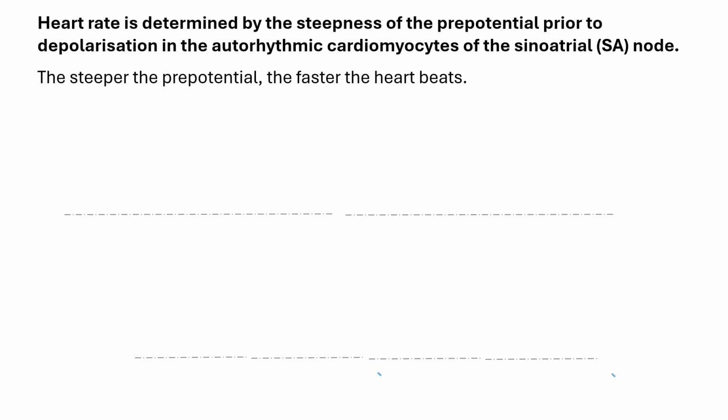The sinoatrial node, because this is the first point where that intrinsic autorhythmic pathway starts. The steeper the pre-potential, the faster the heart beats, because each of those depolarizations is one heartbeat. So the quicker we get to depolarization, the more heartbeats we will have within a specific time period.